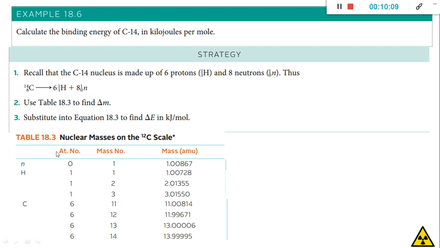So again, we have here neutrons, H and C. For H, we will use 1.00728, because atomic number 1 and mass number 1, based on the reaction. And for carbon 14, we will use 13.99995.